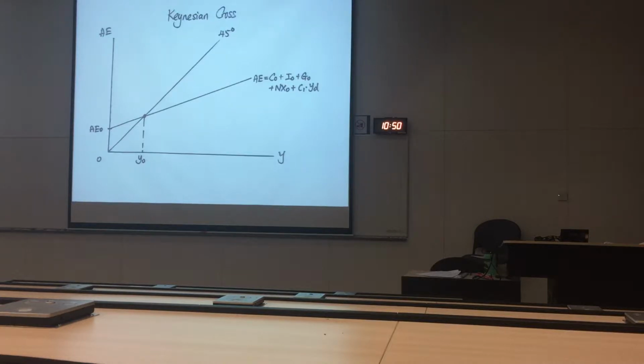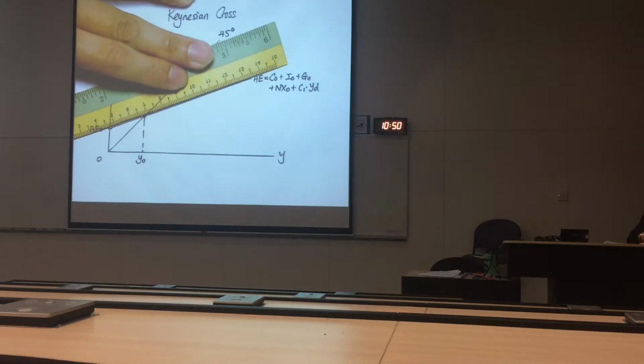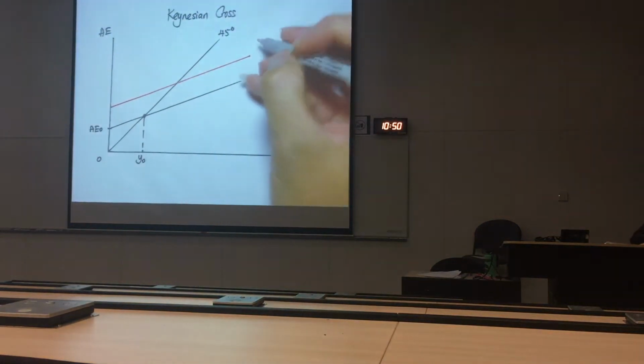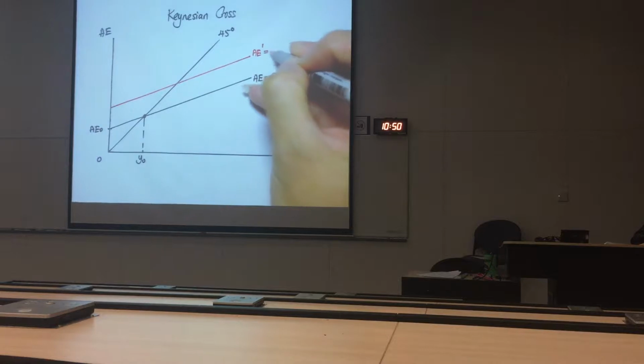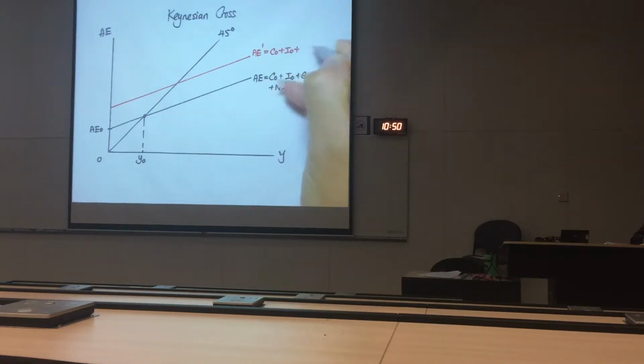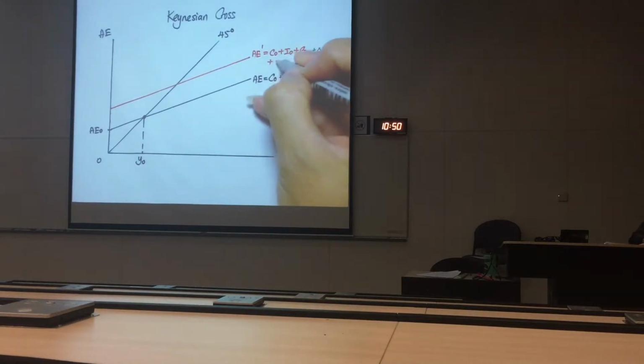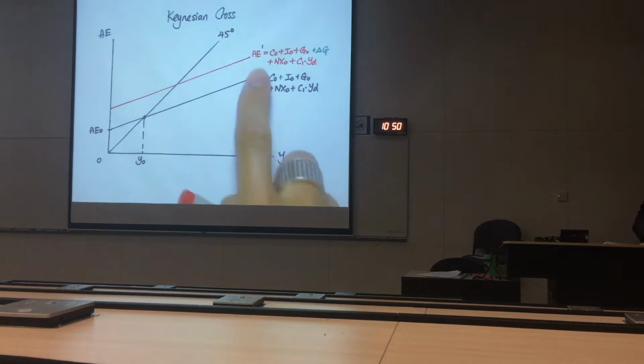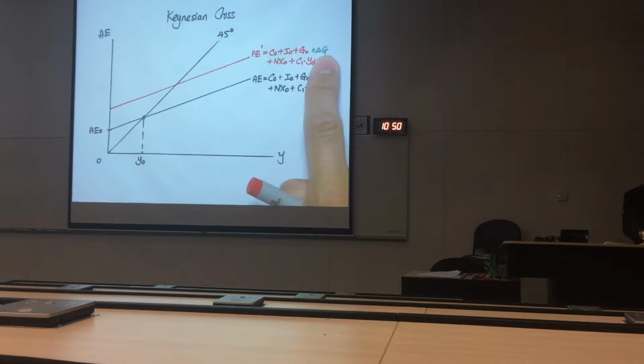Okay, so what we have next is your new equation, AE prime, which is the same as the original one with the change in G inserted.